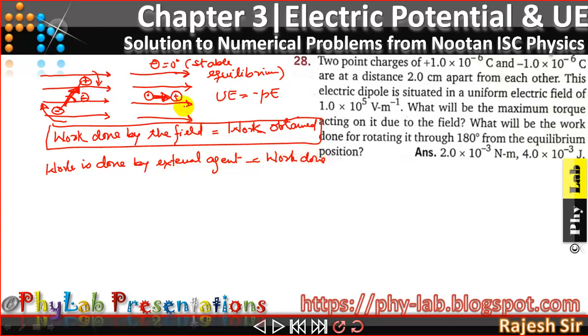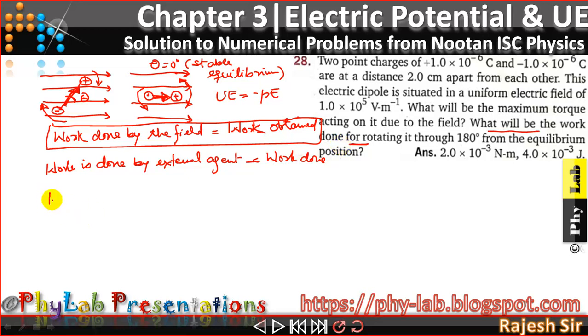So if the external agent has to do some work, he has to move the dipole from the orientation of stable equilibrium to some other orientation. That is what they mean when they say what will be the work done for rotating it. So whenever the work must be done by the external agent, it must be done from the point of minimum potential energy to any other point.